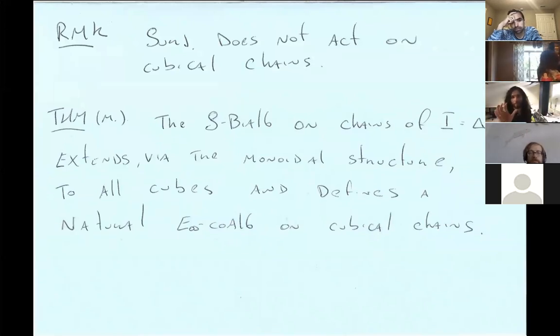And that S bialgebra structure extends via the monoidal structure to all cubes. And when we extend to all cubes, again, through a Kan extension, we can define natural E infinity coalgebra structures on cubical chains for any cubical set. So again, this is a good point to maybe pause, and we're going to continue now.